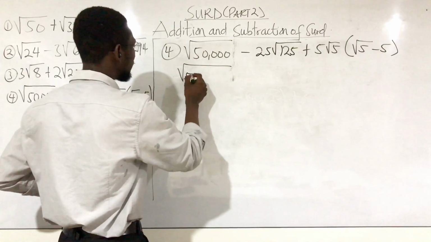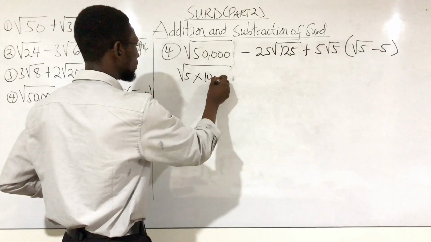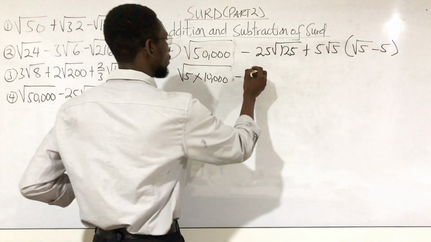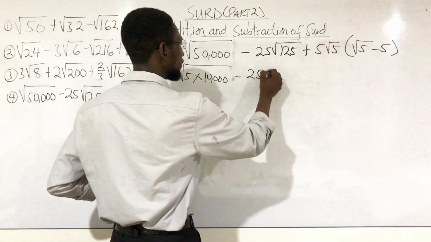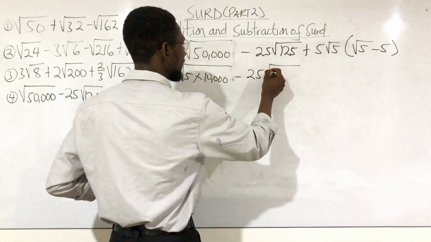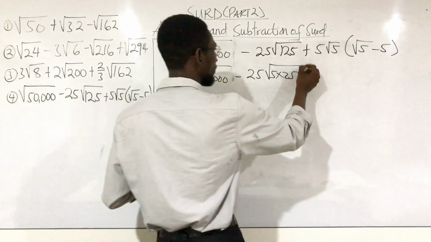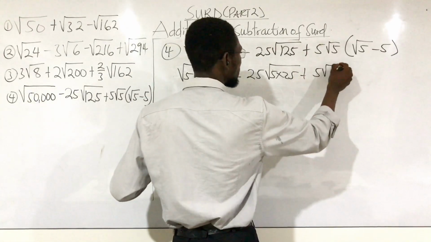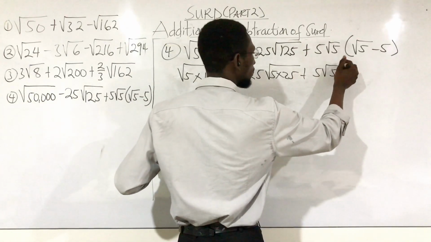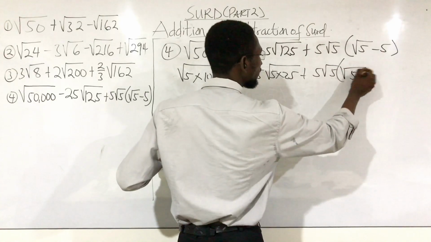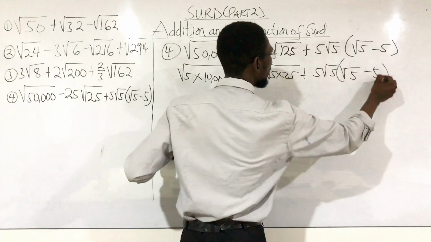We know 5 times 10,000 will give us 50,000. Over here, we know 5 times 25 gives us 125. This one we will not touch, we can simplify it further.